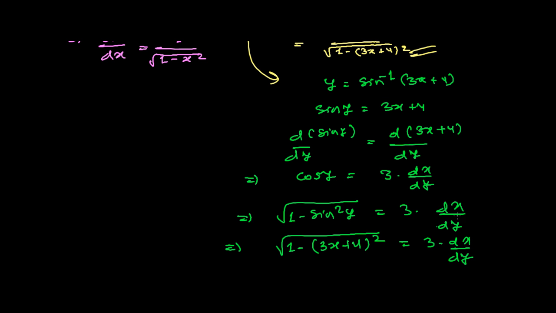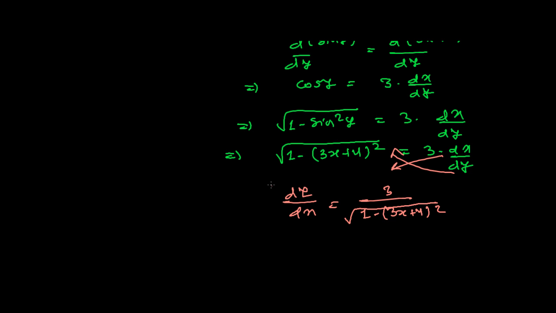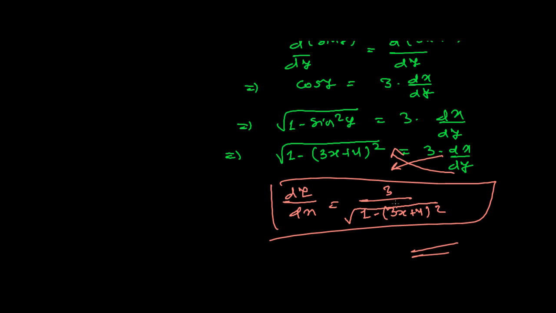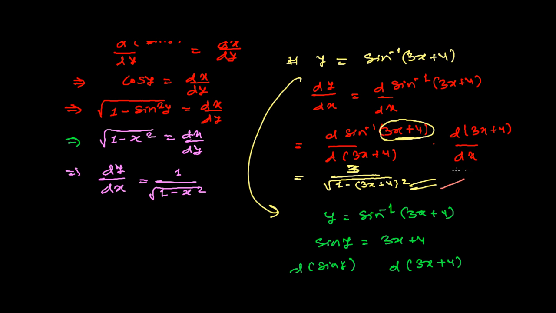If you arrange it properly, you get the same thing as we had written earlier: dy over dx equals, exchanging dy and dx, 3 over root of 1 minus (3x plus 4) whole squared. Finally, we again get the same thing, 3 over root of 1 minus (3x plus 4) whole squared, as we did by directly using the formula.